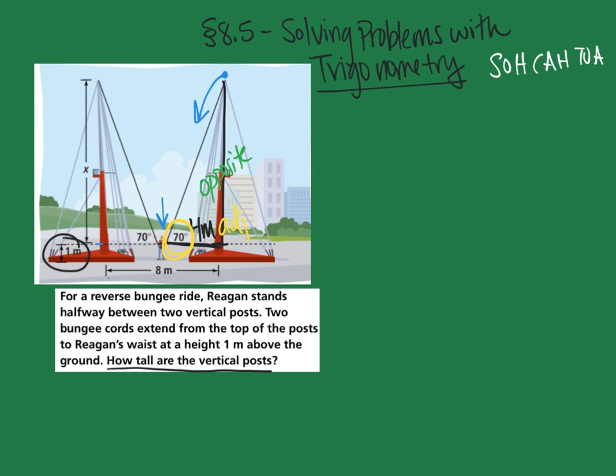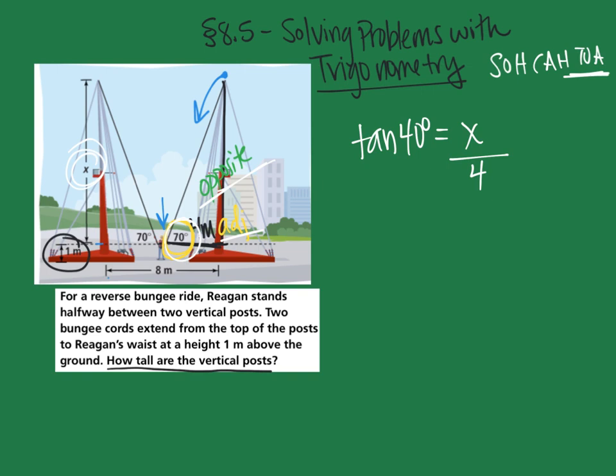So opposite and adjacent is going to be our TOA. So adjacent, opposite, 70 degrees. Those are what I'm working with. So here's going to be my equation. The tangent of 40 degrees is equal to the opposite, that's the thing that I don't know, x, over the adjacent, which is the thing that I do know.